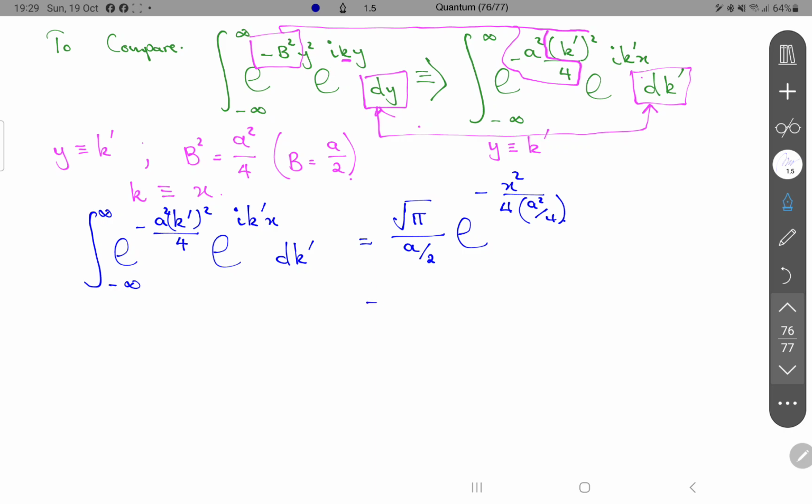That will shrink down to the root of pi over a, e to the power negative x squared over a squared.